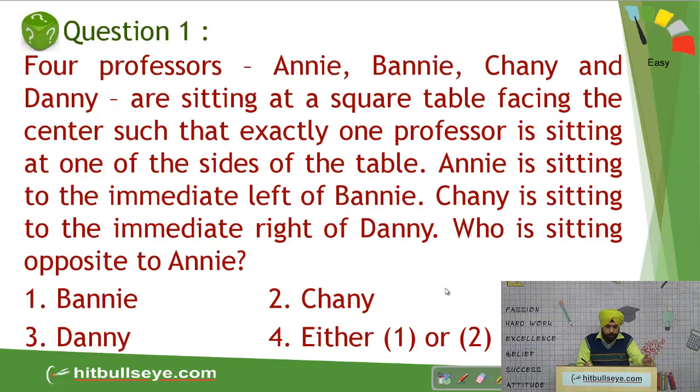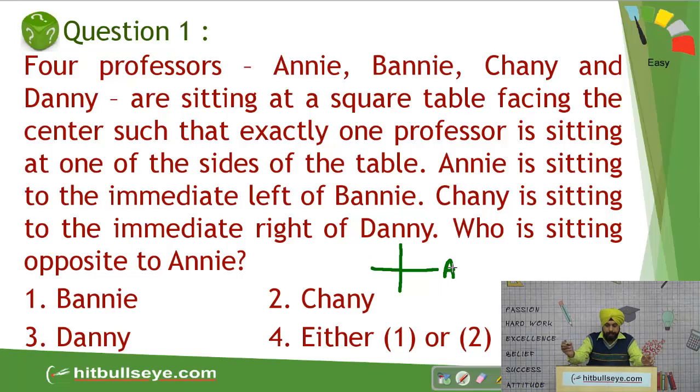This question, students, you can have a look. It talks about 4 professors, square table. So if they are sitting something like this, exactly 1 on each side, A is sitting to the immediate left of B. As nothing is given, let me assume here, say A was sitting here.